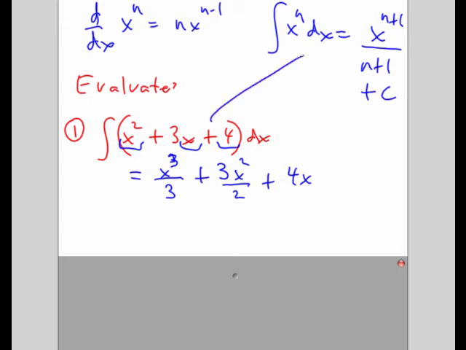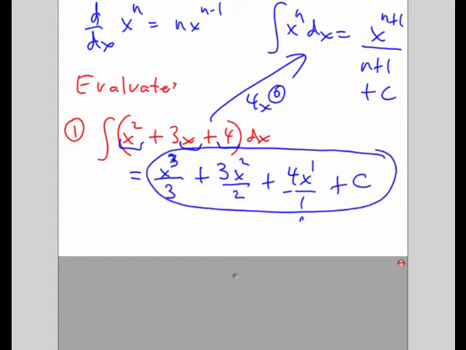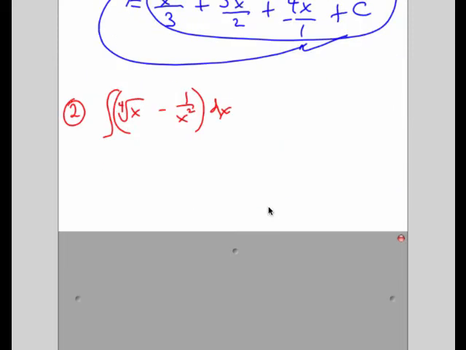And if you think about how that relates to this, the 4 can be thought of as 4x to the 0. So I've increased the power by 1, and I've divided by the new power 1. So it's 4x plus a constant of integration. So there's your antiderivative. This function, its derivative, would be the thing we started with. We're going in reverse.